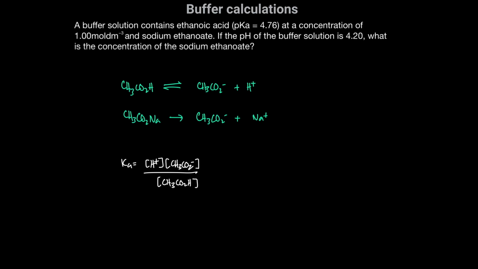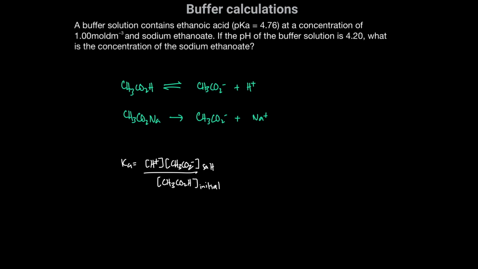We can assume that this concentration is the initial concentration of acid that we used. And because we have a salt of the conjugate base, we can assume that all the conjugate base comes from the salt.